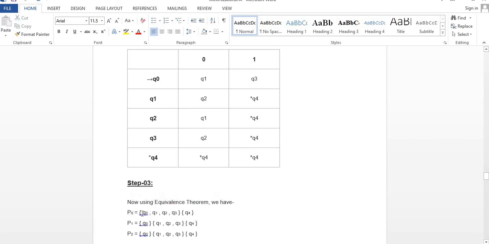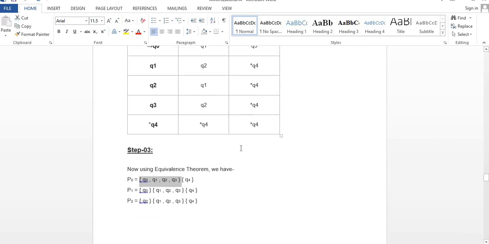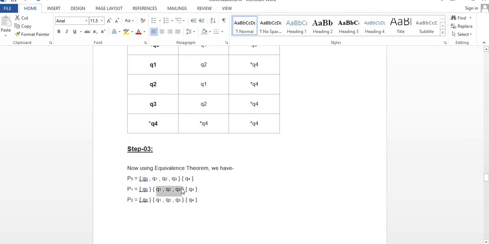Now you have one combination of states, Q0, Q1, Q2, Q3. In this group, do you have any similar possibilities? Yes. From Q1, Q2 and Q3 on 1, I get Q4. So I can combine these three states Q1, Q2, Q3 and Q0 will be separate.